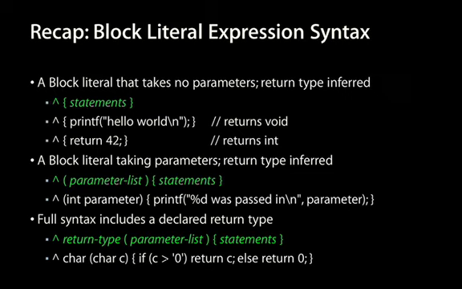If the character is greater than quote 0, it's going to return C, which is of type character. Otherwise, it's going to return 0. Well, guess what? 0 is of type integer. So the compiler doesn't like this. It says you're returning character in one place, an integer in the other. What's the deal? And so it'll complain.